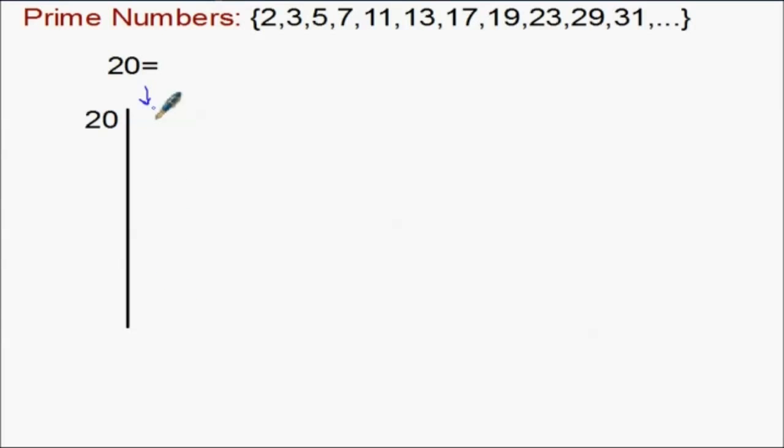So, I always start from 2 if I can. When I write a number here, I will divide this number by that one. So, firstly, I will check that. Can I start with 2? To check that, I look at 20. Can I divide 20 by 2? Yes, I can. So, I can start with 2.